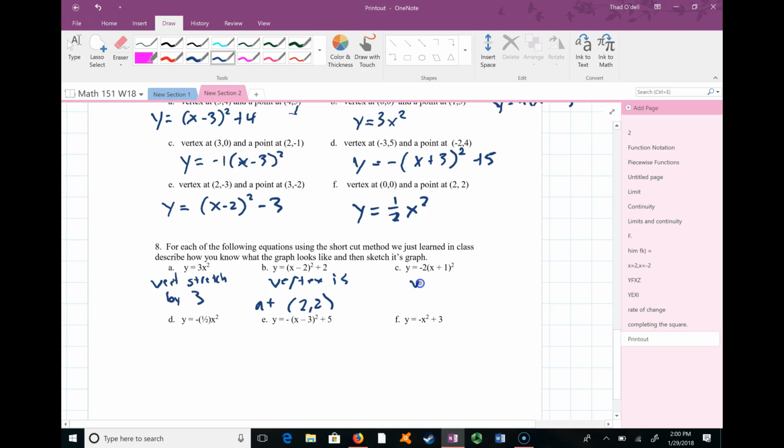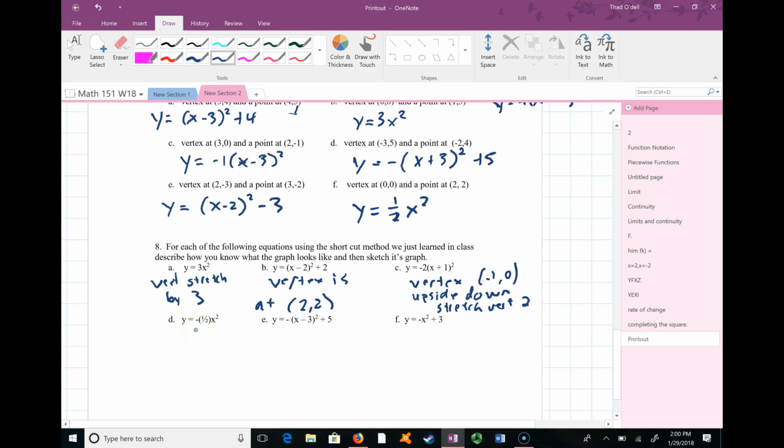This one, the vertex is at -1, 0, and it's upside down because of that negative, and it's stretched vertically by 2.